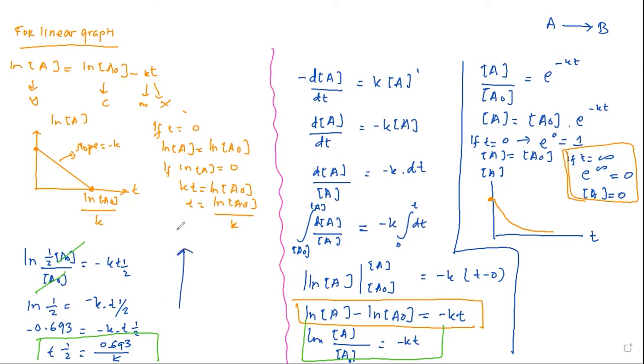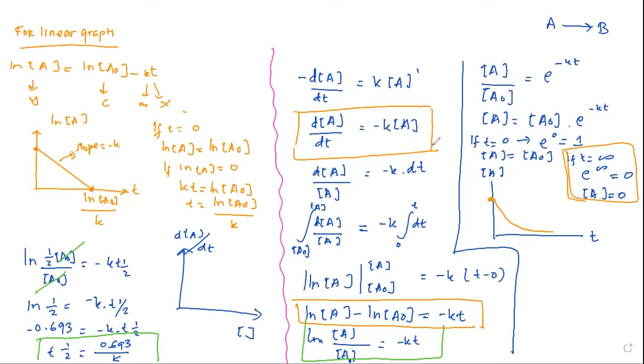Once again, the rate of reaction can be written as dA over dt. We can use this formula: dA over dt equals negative k times concentration of A.